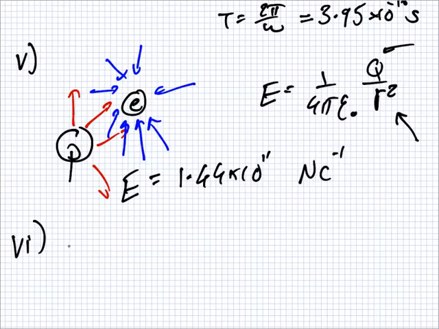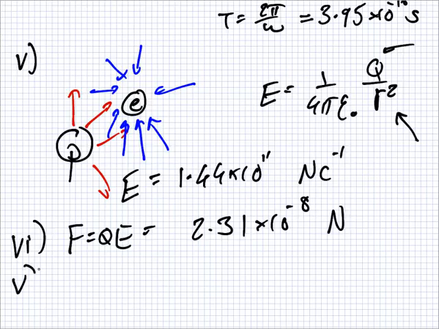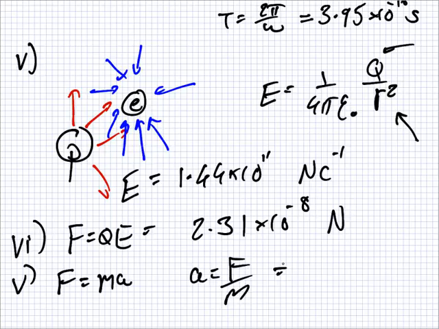And is the next part the force? Yeah, so that's also the same because the Q and the E are the same. What's that? 2.31 times 10 to the power minus 8. And is the next part the acceleration? Yeah. That's different. Now this is where it's different because the mass of the proton is different.